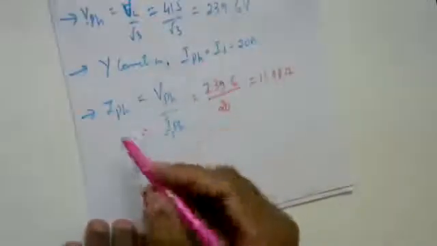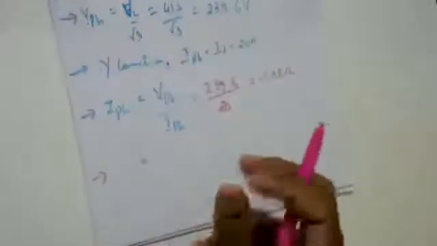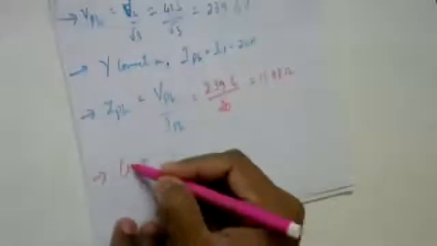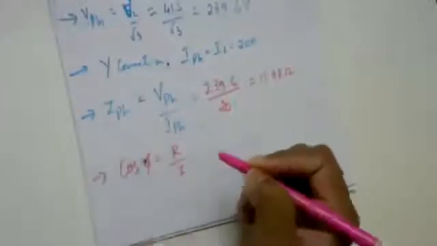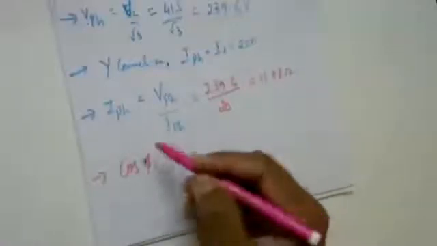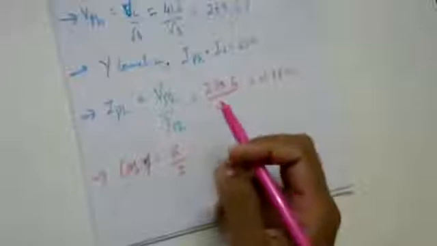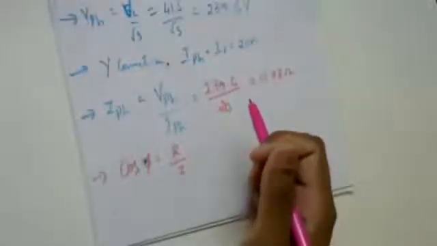Fine. Next, I know how the power factor is defined. Power factor is defined as cos phi equals R divided by Z. Am I right? We have studied this during our single phase circuits, if you remember. There are various forms in which the power factor can be defined.